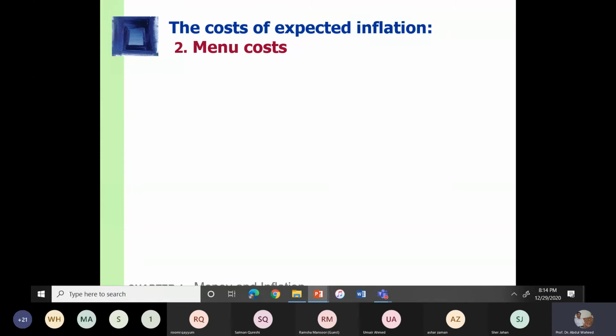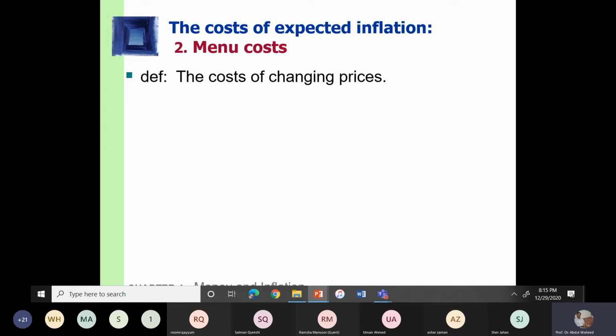Then we also have menu cost. You see that there are some restaurants and other places where they print menus, and the cost is mentioned there. But if there is a change in the inflation rate, then they have to change the menu, and there is a menu cost. This is the cost of changing prices.